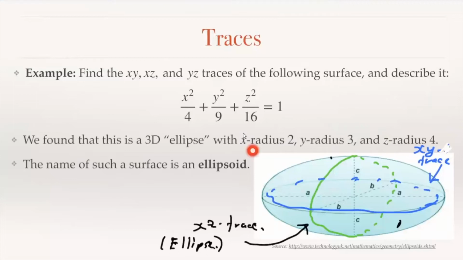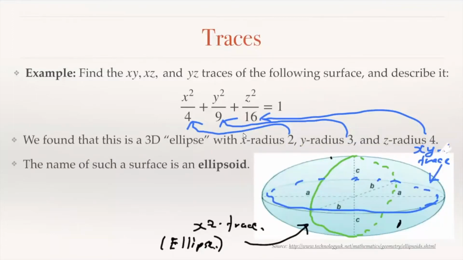So from that, we know it's x radius 2, y radius 3, and we could do the same thing with a different trace that we found and find the z radius is 4. I call this xz, depending on the graphing orientation.